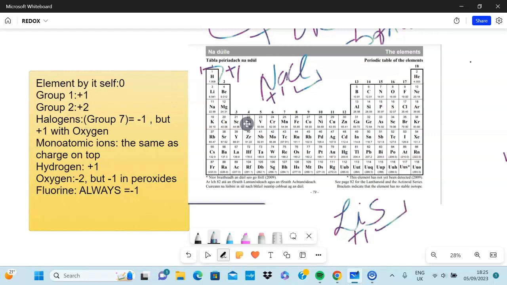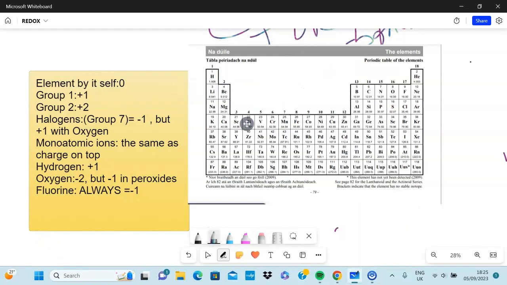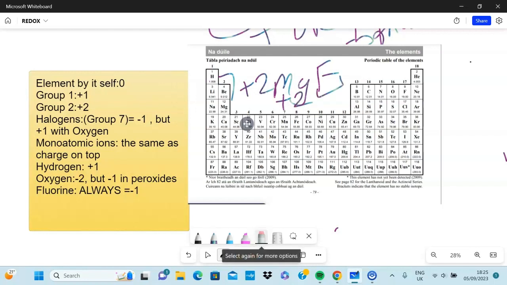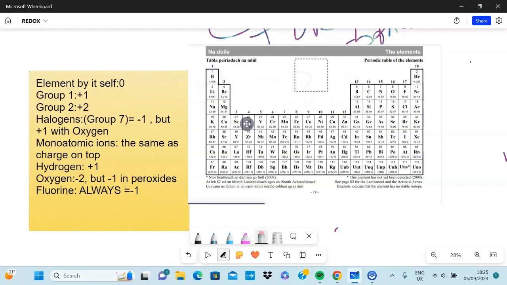Sulfur, I'll talk about that later. Okay, so that's how it works. Group 2, same story, except this time it's going to be +2. So magnesium, let's say magnesium fluoride, this would be +2, and I'll talk about this later. Okay, so that's how oxidation numbers work for those two groups.